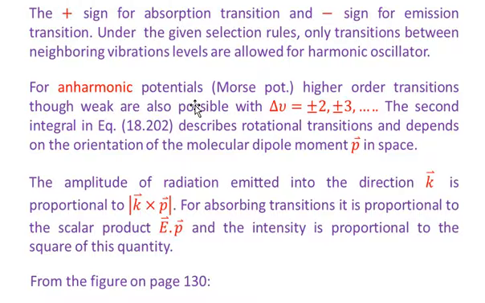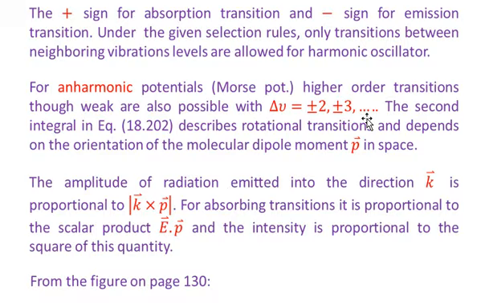For an unharmonic potential, for example the Morse potential, higher order transitions, though weak, are also possible with delta V equal to plus or minus 2, plus or minus 3, and so on. So for the unharmonic oscillation, we also consider delta V for higher states. That is, the vibrational quantum numbers may change by plus or minus 2, plus or minus 3, and so on.